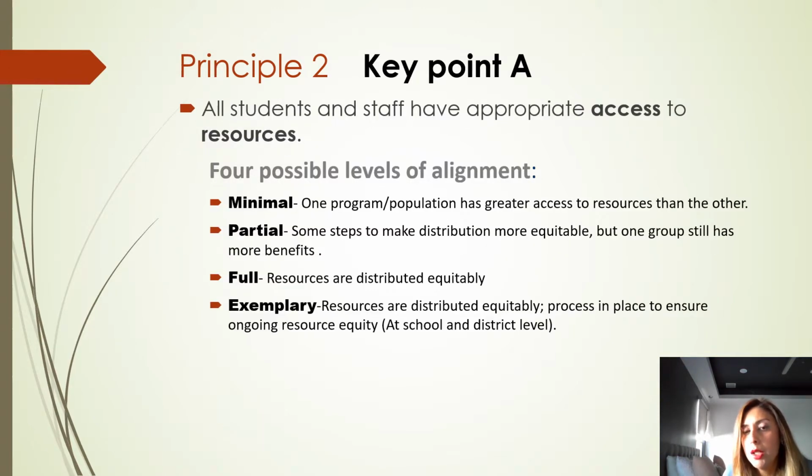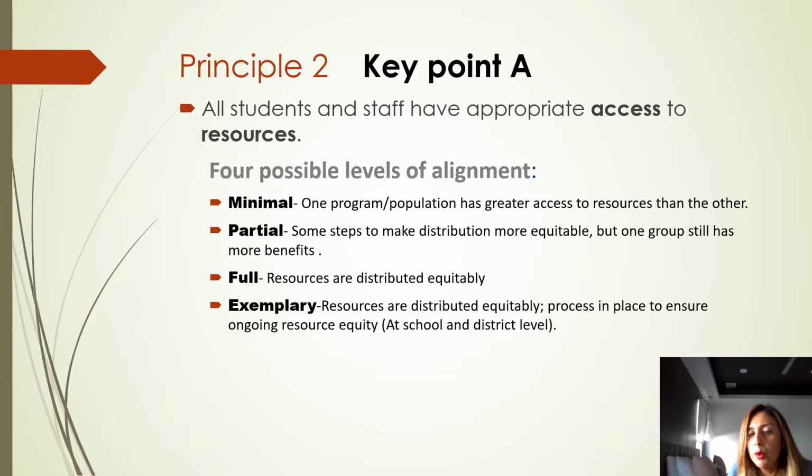Principle 2, Key Point A, refers to all students and staff having appropriate access to all resources. There are 4 possible levels of alignment for that program. At the minimal level, one program or one population has greater access to the resources than the other program.